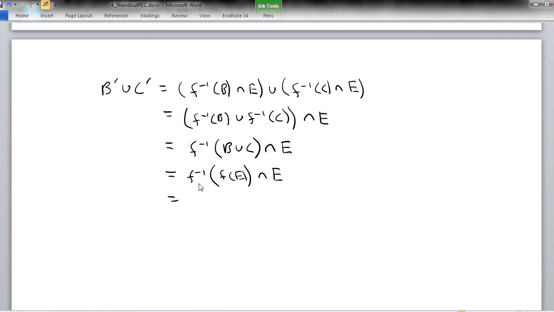This here means the set of all elements in A which map into f of E. Okay? And everything in E certainly satisfies that requirement. So this set here contains the set E, and so when you intersect it with E, you just get E itself. So as desired, the union of B prime and C prime is equal to E. Okay, so we know that B prime, C prime are non-empty, they're disjoint, and their union is E.